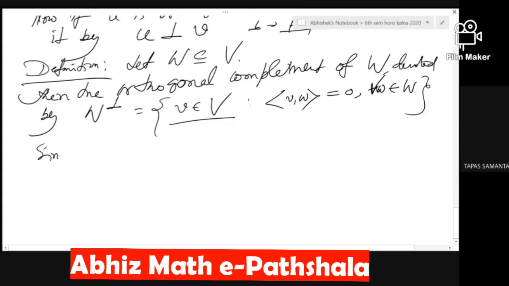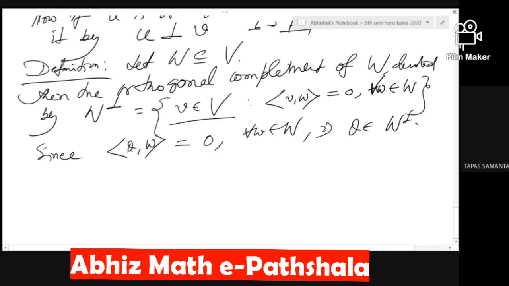Now, since the zero vector is orthogonal to each vector, the inner product of theta comma w is 0 for all w belonging to capital W, and that means theta belongs to W perp. It shows that for any subset, W perp is non-empty.